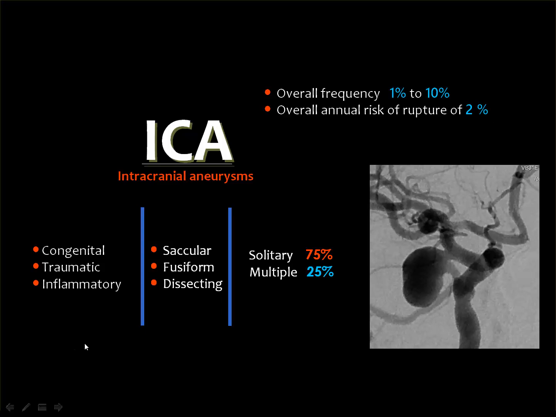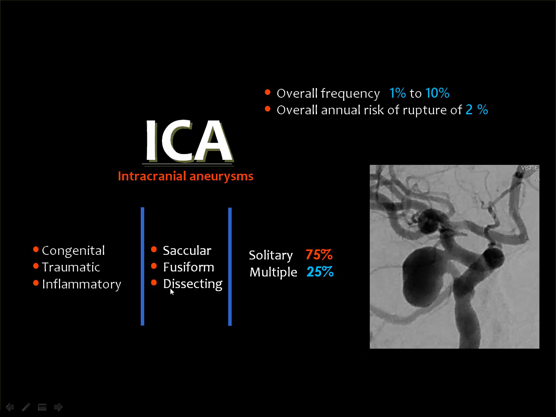We have many types of aneurysms, like the congenital, the traumatic, the inflammatory, and sometimes we have neoplastic aneurysms, which are called oncotic aneurysms. These aneurysms result from the erosion of the vessel by a malignant tumor nearby, with the resultant aneurysmal dilatation.